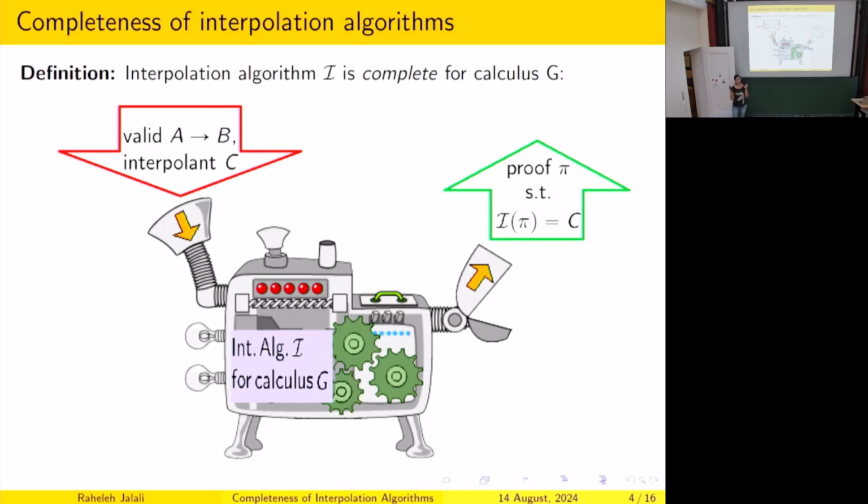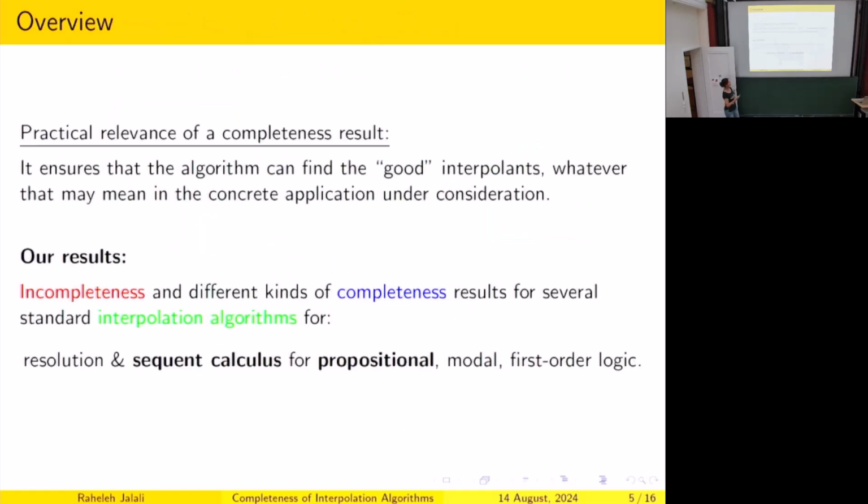So can we find a proof of A implies B such that the interpolation algorithm applied on this proof will output the interpolant C? As you can see, the implication is given and the interpolant is also given, and we are asking about the existence of this proof. So this is the completeness of interpolation algorithms.